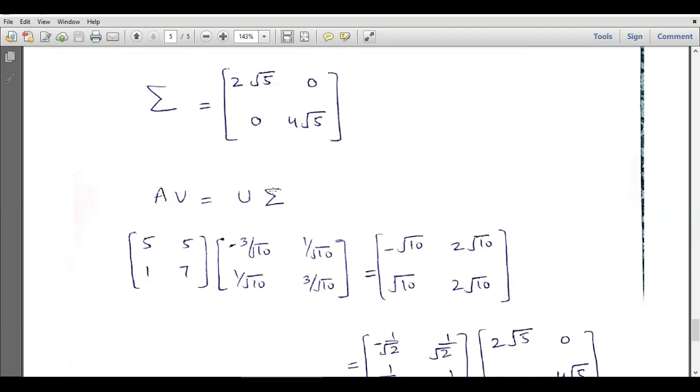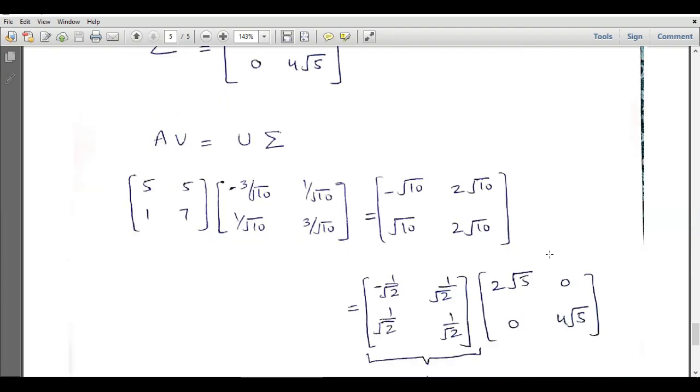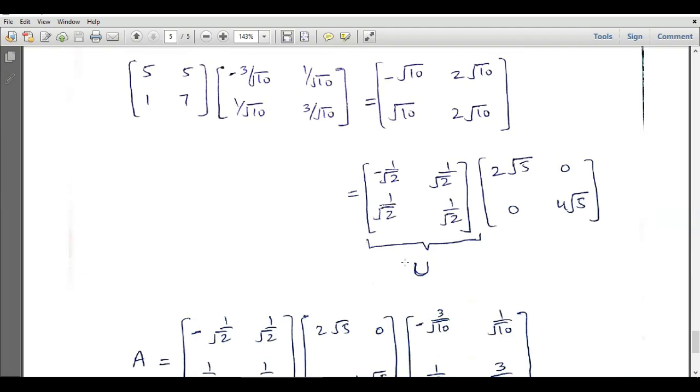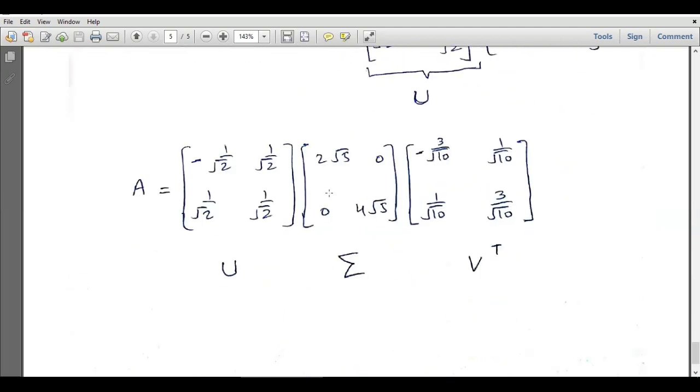And then multiply that sigma inverse matrix with this AV matrix from the right hand side. So this is AV matrix, and here you will have sigma inverse matrix, and then you will get your U matrix.